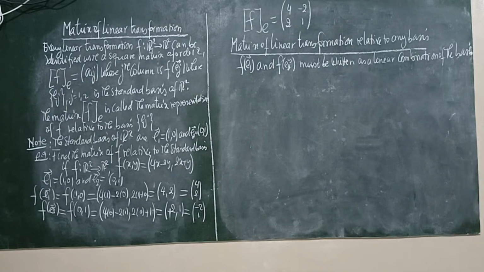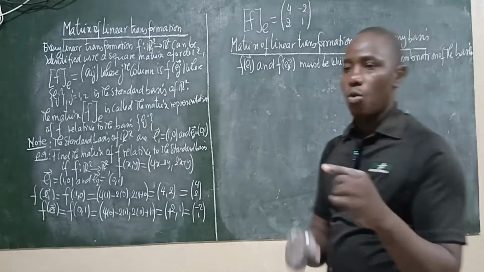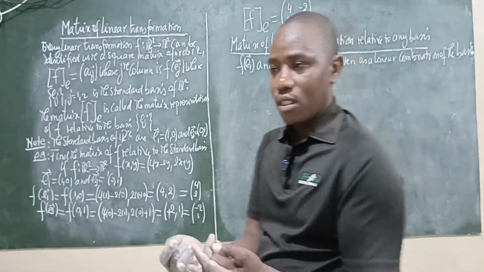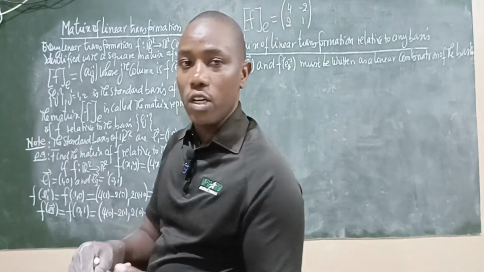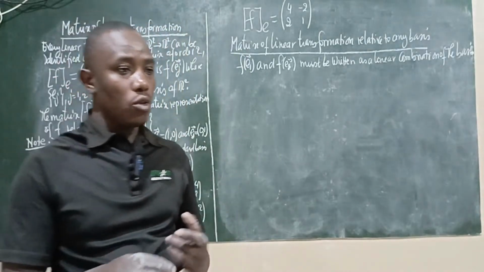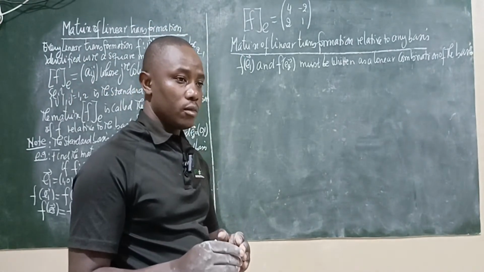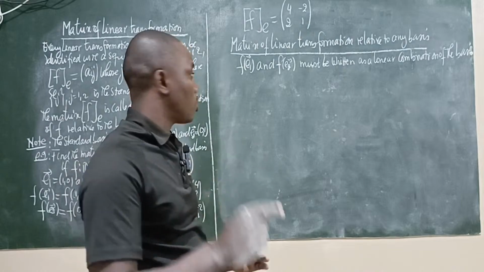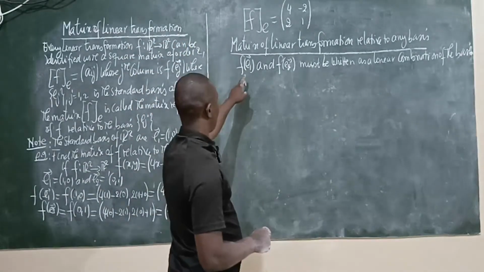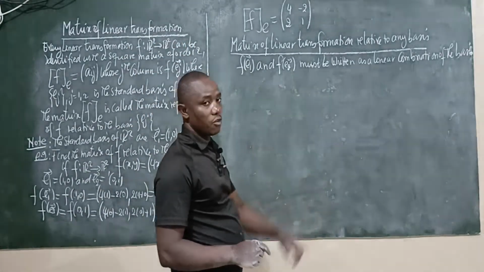And thus, we do not consider f of e1 itself, but rather we consider their coordinate vectors. We consider the coordinate vector of f of e1 and the coordinate vector of f of e2. That's it.